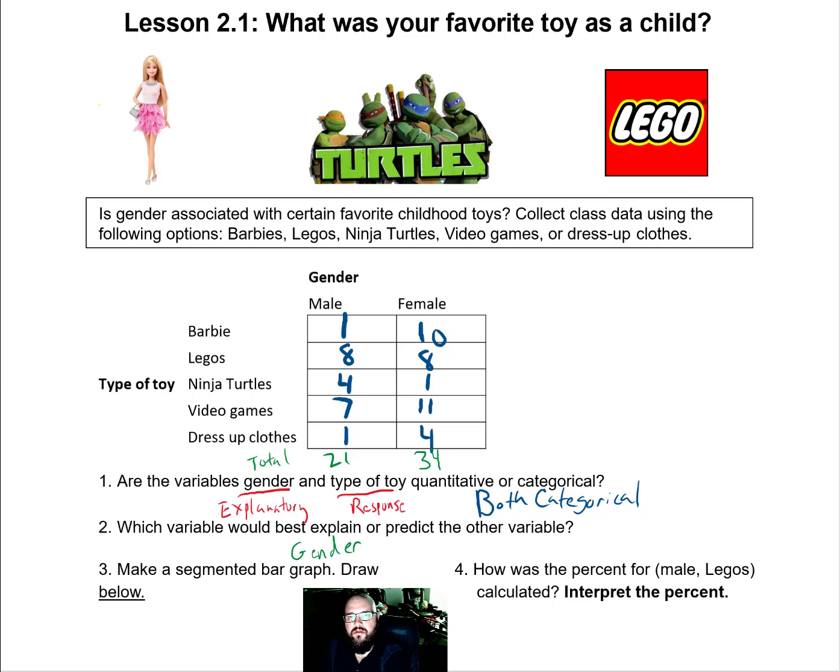So with this, let's see what we have here. I'm going to change colors here to make things a little bit easier to keep up with. Alright, so let's go ahead and make this our relative frequency, and let's see what those relative frequencies are. We're going to do this for each section, okay?